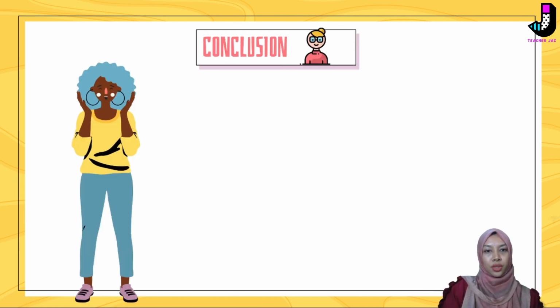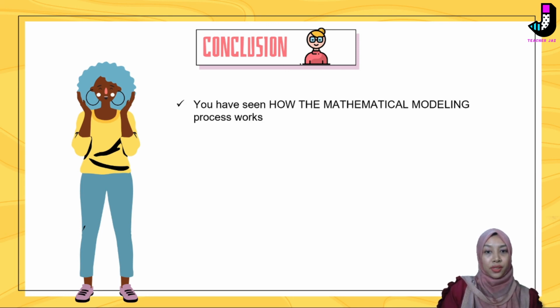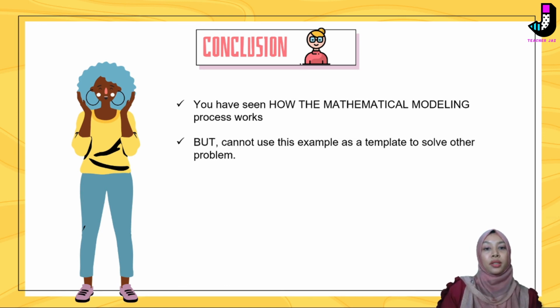Okay, so this is the conclusion. Now you have seen how the mathematical modeling process works, but remember, you cannot use this example as a template to solve other problems. Okay, it might be, as I've told you, if the road is not a straight line, something else is going to happen. Okay, ada benda lain yang kena pertimbangkan.